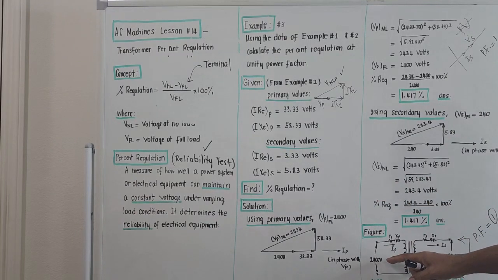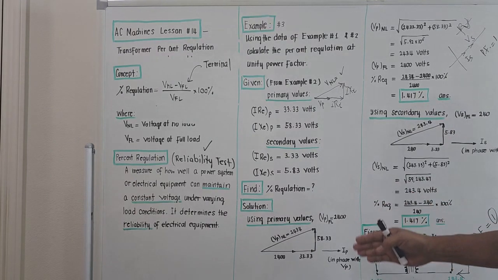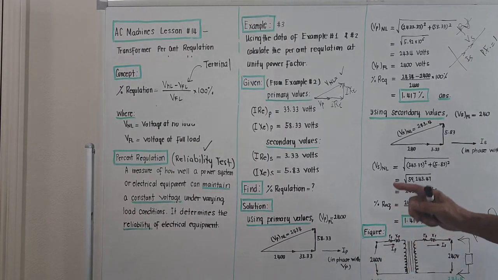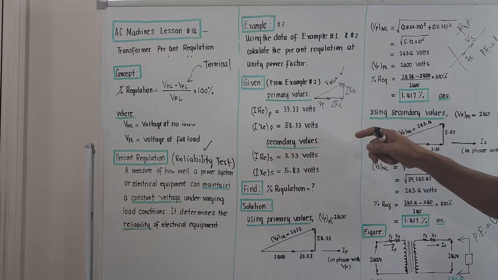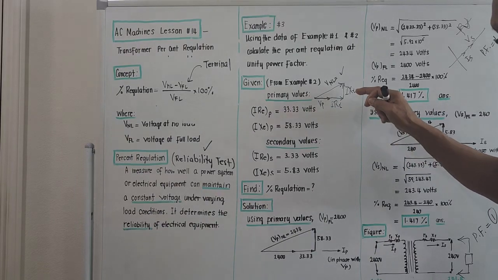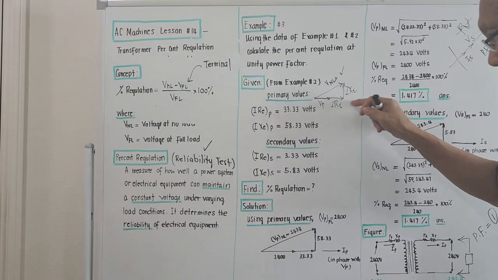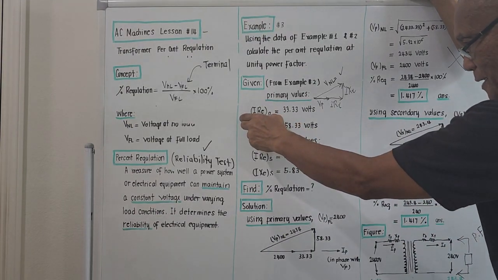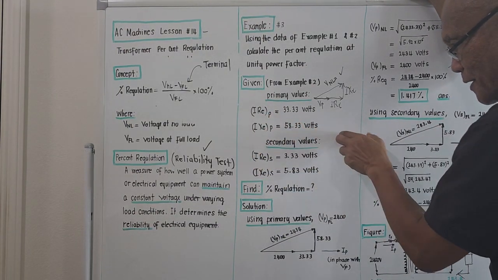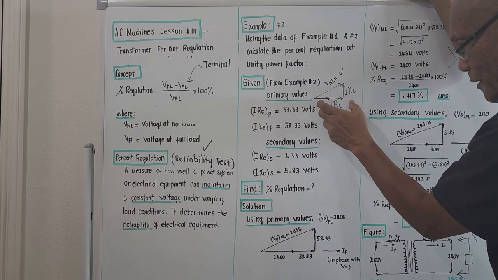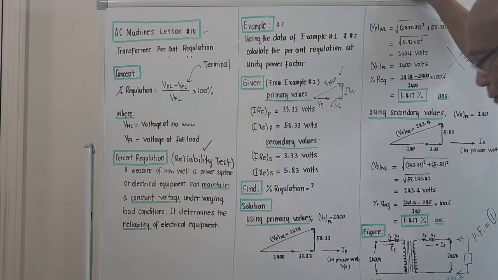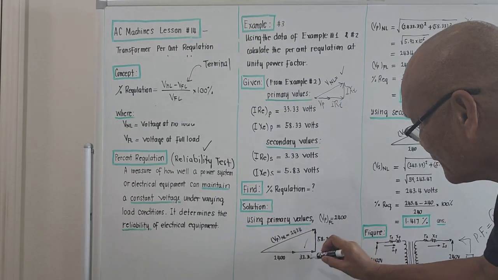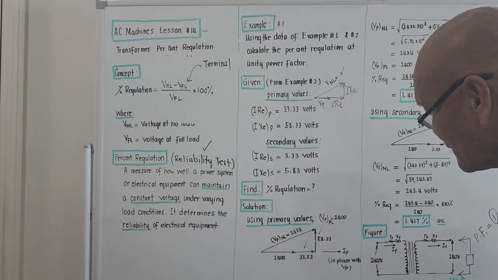For us to get a 2400 here, we must produce a voltage greater than 2400. And that increase in value actually comes from the IR drop and IX drop. Since we are now given the IR drop on the primary and IX drop on the primary, we draw the vector diagram. This is the IR drop. This is the IX drop.